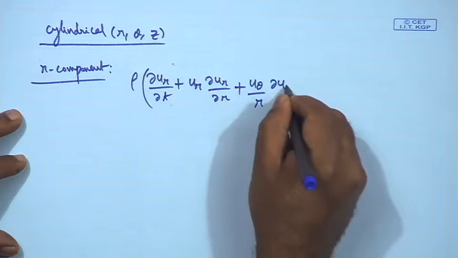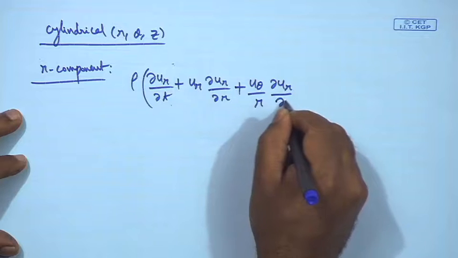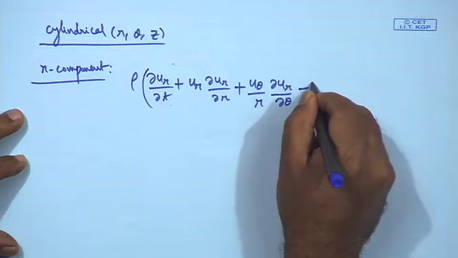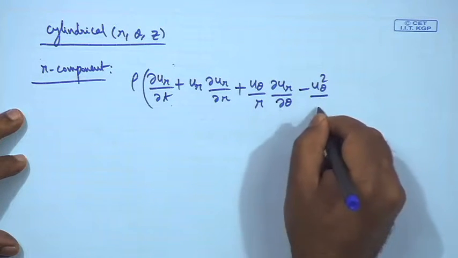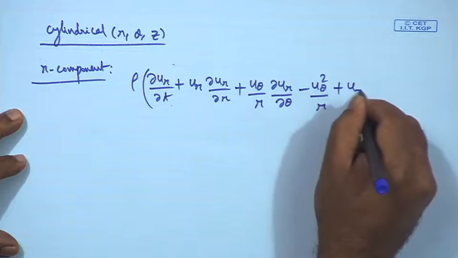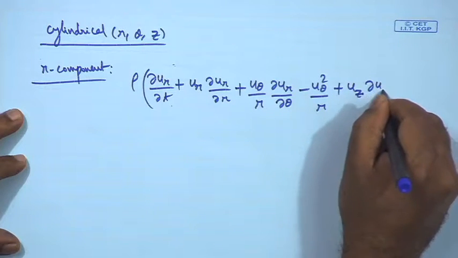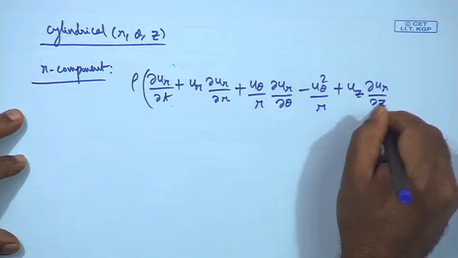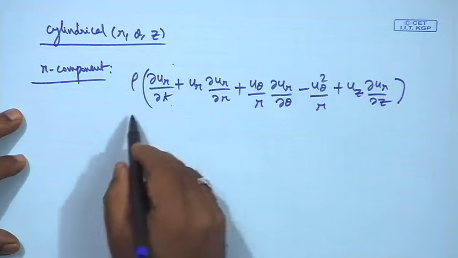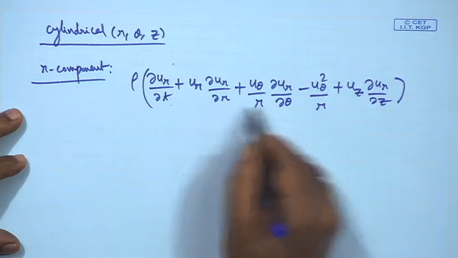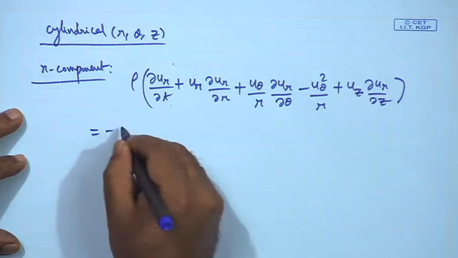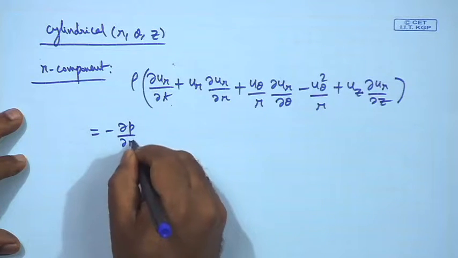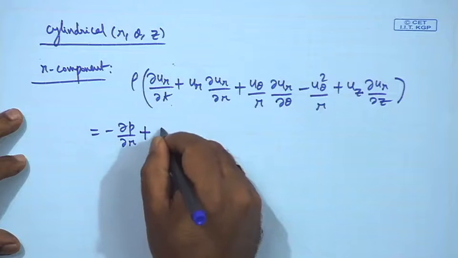The suffix indicates the component, not the partial derivatives. So, this is the local derivative and this is the convective derivative, and the corresponding pressure gradient, then the viscous term.